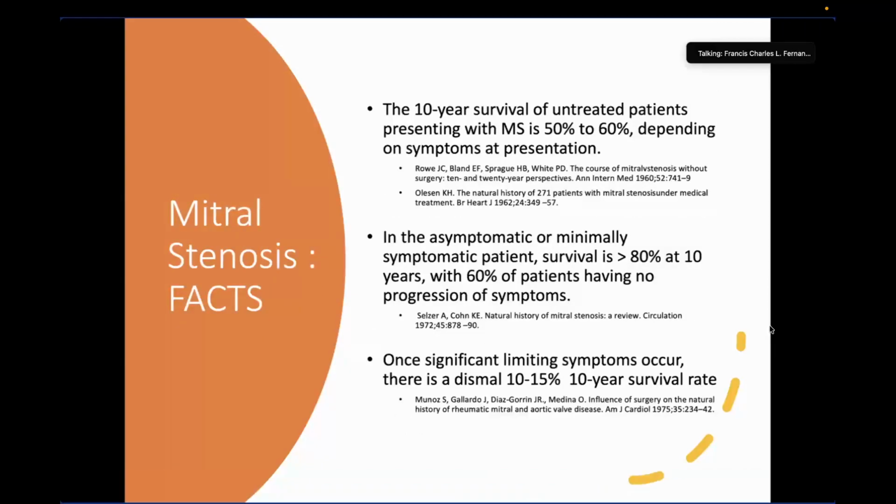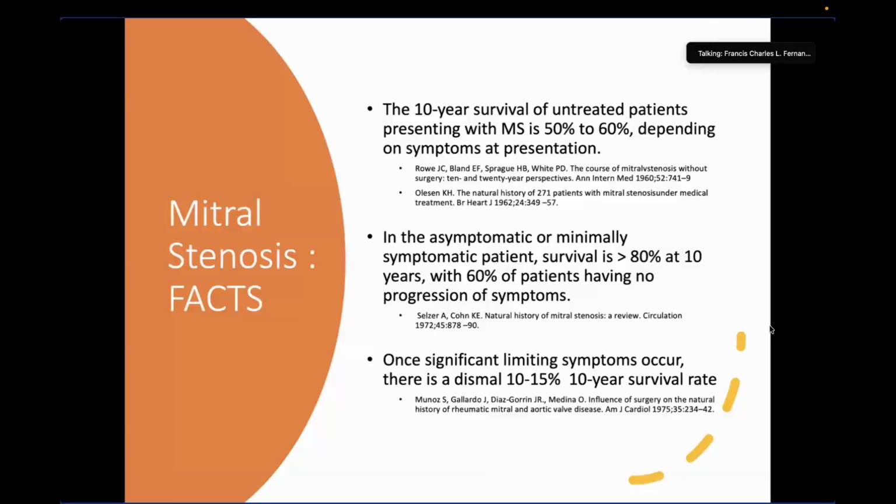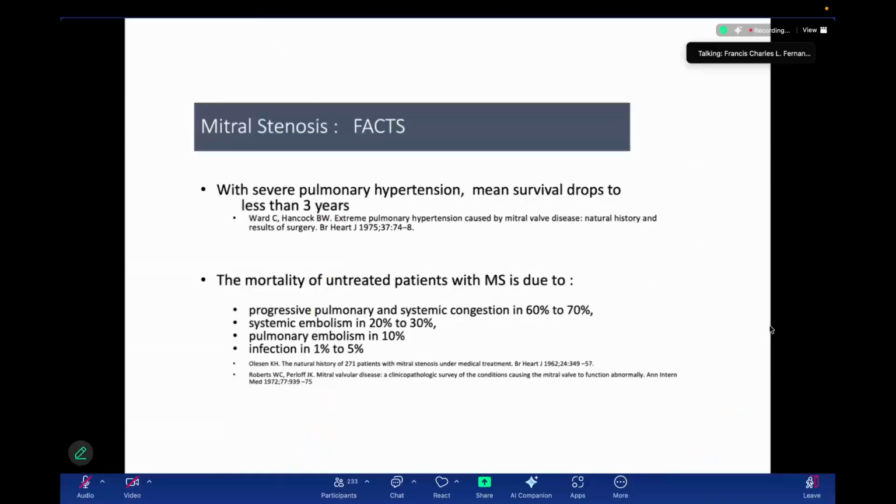So the 10-year survival is 50 to 60% for untreated patients. But the older they get and the more symptoms they have, the outcomes are more dismal. Unfortunately, I have a few patients who consulted very late and they have significant limiting symptoms, and a very low survival rate once they become more symptomatic.